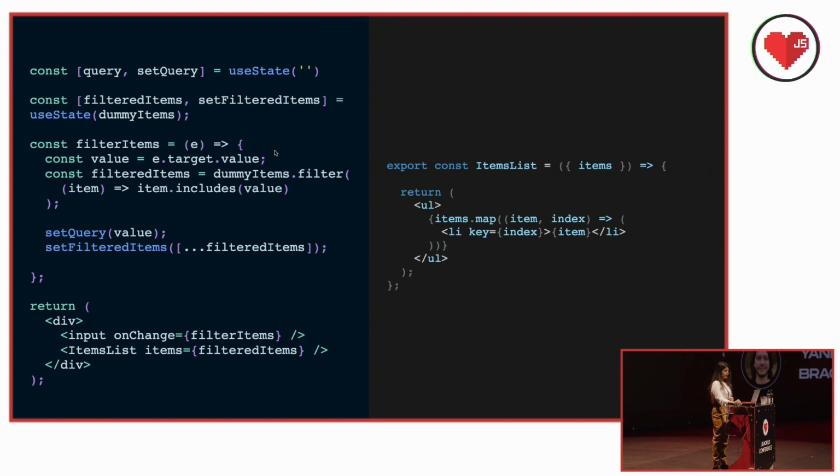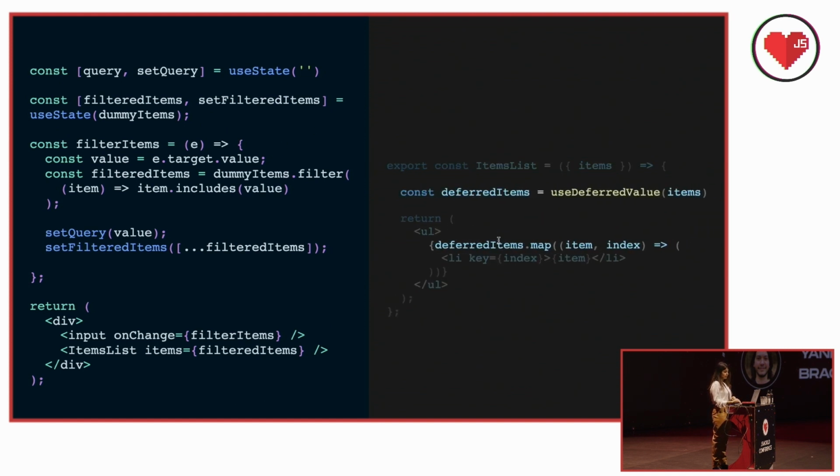Here, what we can do is, instead of looping over the items, I can use the hook useDeferredValue. And this value is lagging behind. So this is not the updated value. As you type, this filtered item gets set, right? So as I'm typing, the value is changed. But this deferredItems value is not set immediately. It's like a debounce.